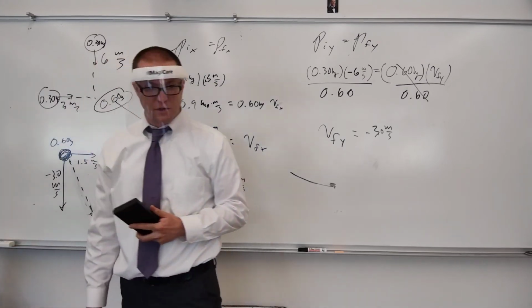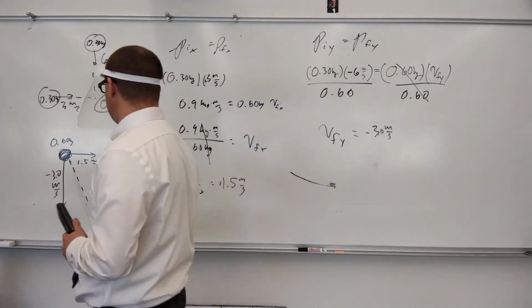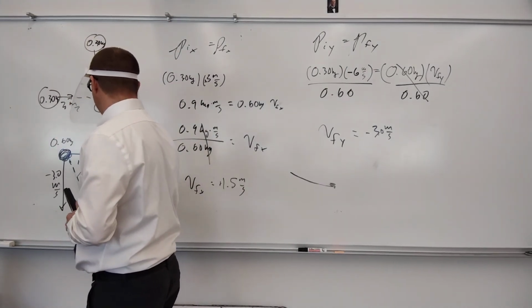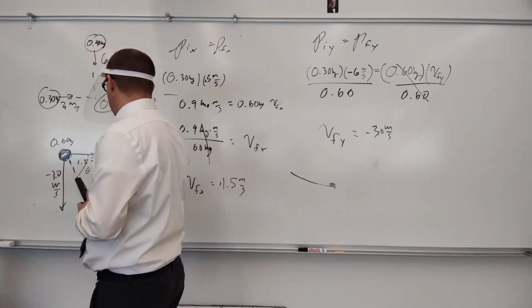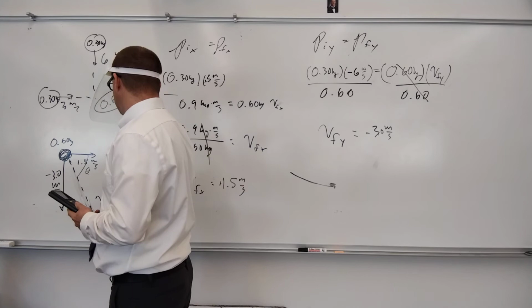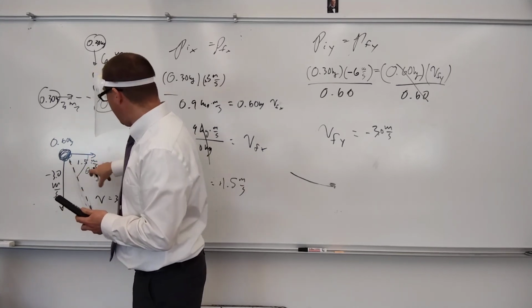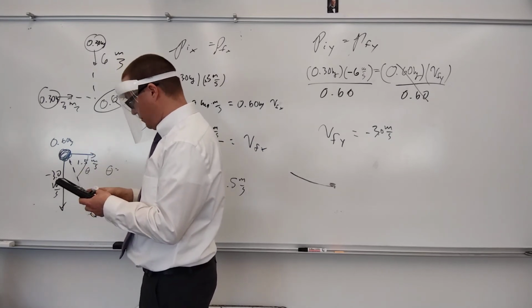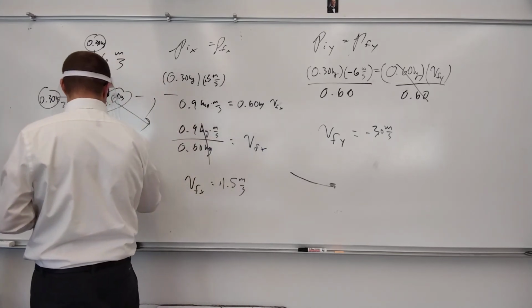And I guess they don't tell us what to write the angle relative to, so I'll say this angle, call that theta. The angle of motion relative to the x-axis is tan inverse of opposite over adjacent, so it's 3 divided by 1.5. I get an angle of about 63 degrees.